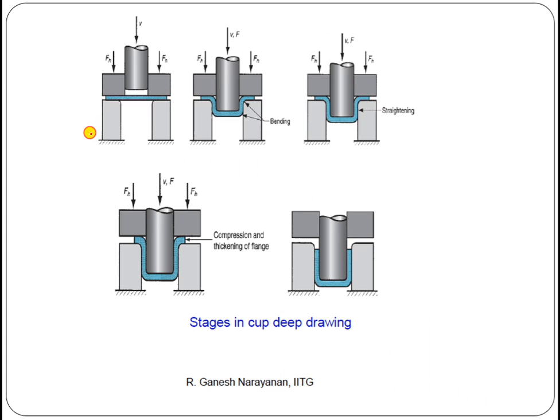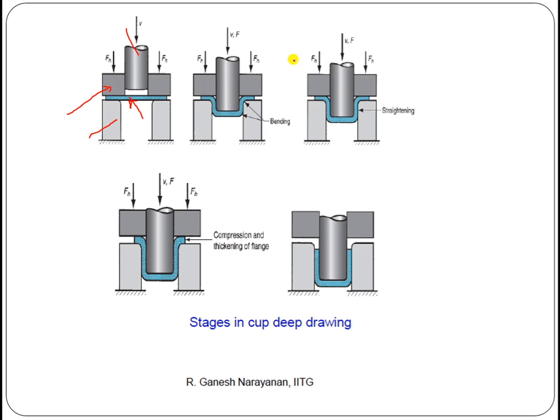This is the die, this is the punch. This is the punch, and this is, you can say, the strips or holders, and this is the sheet metal blank.